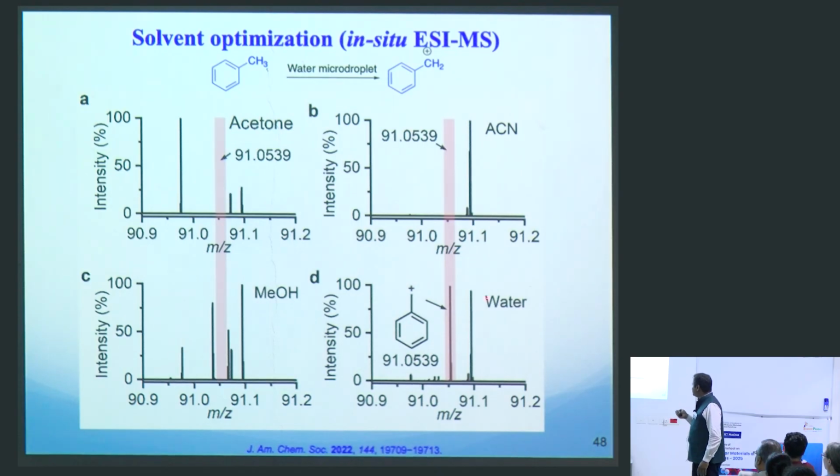But if you do the reaction in water, only toluene sprayed, we are able to see the benzyl carbocation in water. In other solvents, we are not able to stabilize the carbocation. If you are not stabilizing the carbocation, the nucleophile is not going to add. So in the mass spec instrument, we need to stabilize the radicals or carbocation. That's what we do with the mass spec instrument.